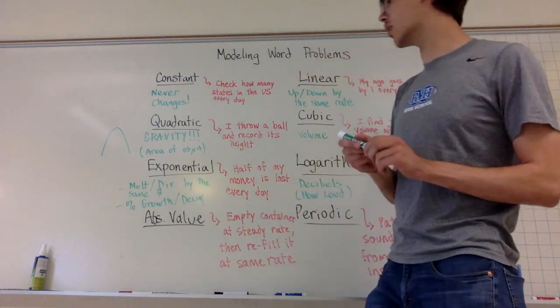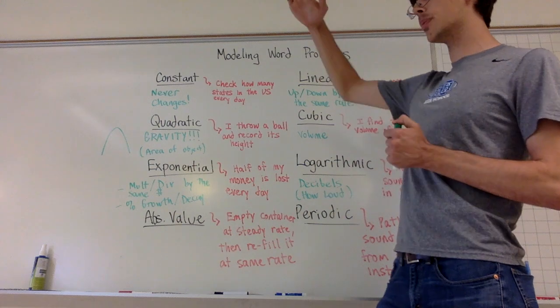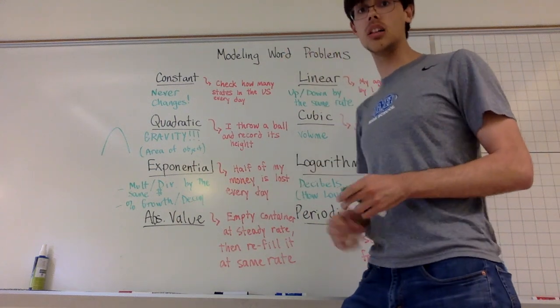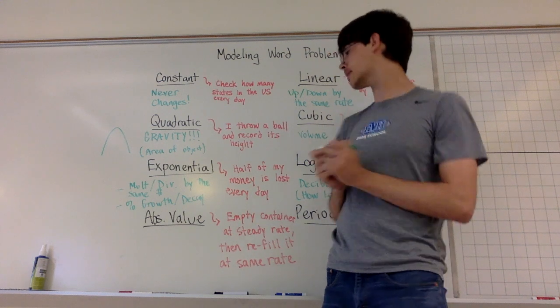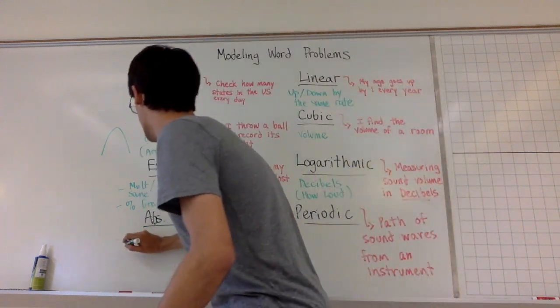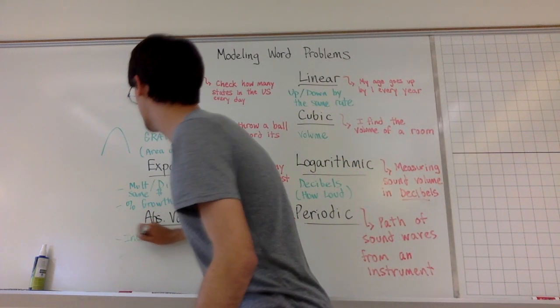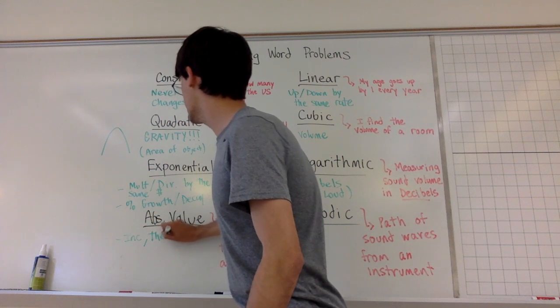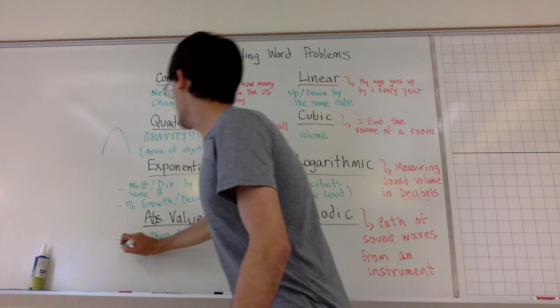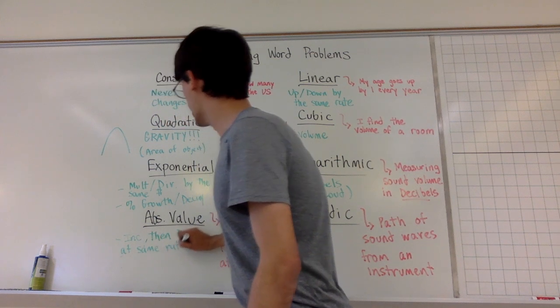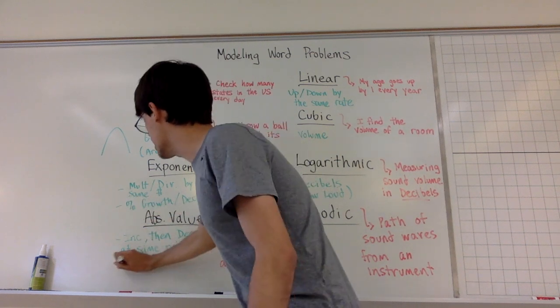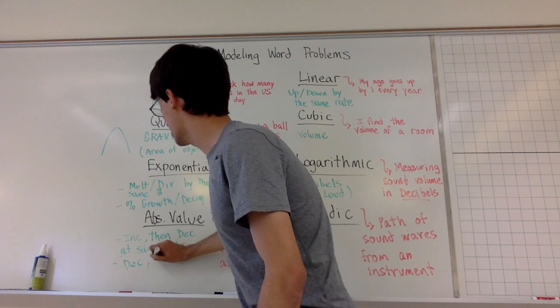2 more on here. Absolute value is when something is going up and then down by a linear rate. It's like 2 linear parts together, either like that or like that. So absolute value increases, then decreases at the same rates, or it could be the other way around. So it could also be decrease, then increase.